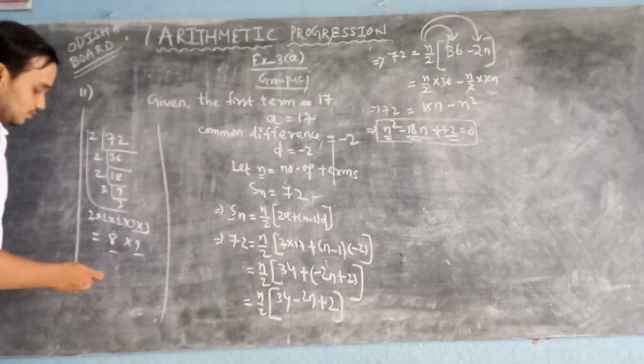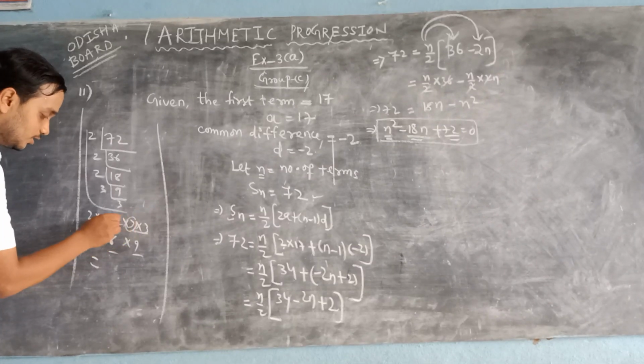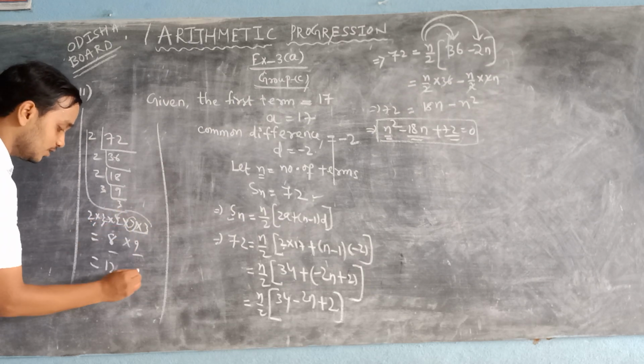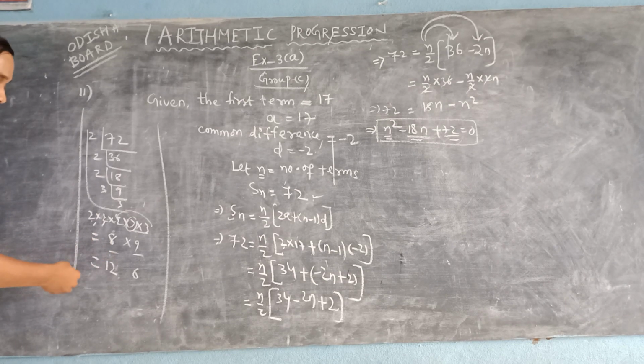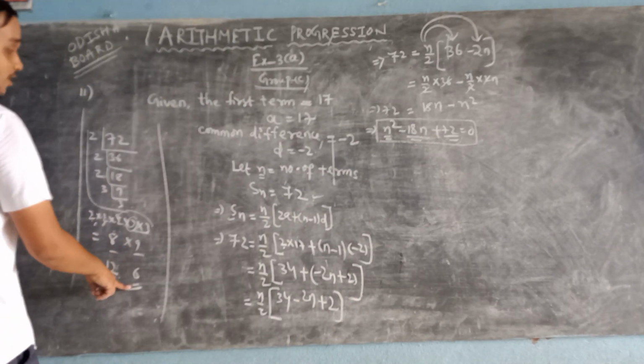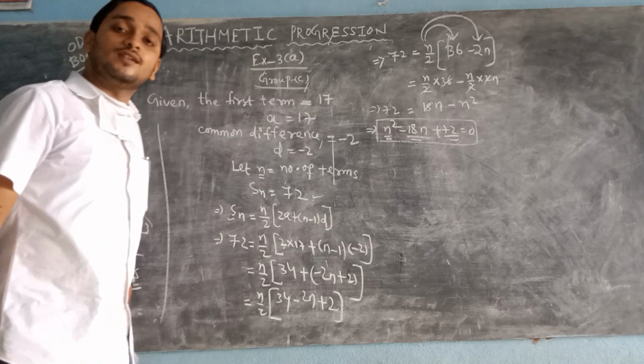Now adjust 2 into 2 into 3, 3 2s are 6, 2 6s are 12, and remaining 3 2s are 6. Adjustment. So find 12 into 6, how much? 72. 12 plus 6, how much? 18. So we got the two numbers.